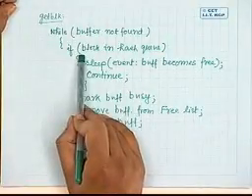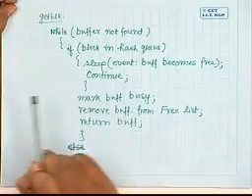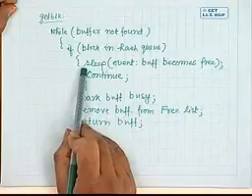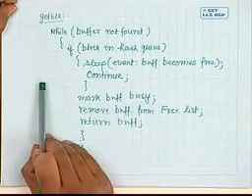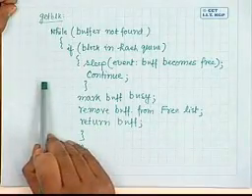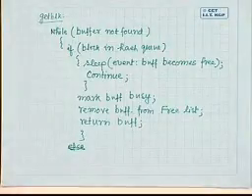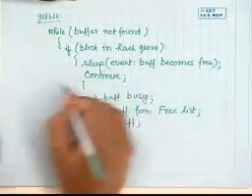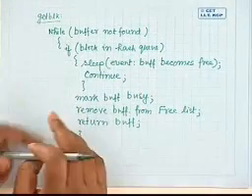Otherwise, the data is not present in the buffer cache. So if the block is present in the hash queue, there should be one more condition, that the block is present in the hash queue and at the same time the buffer is locked. Okay, I'll put it here.